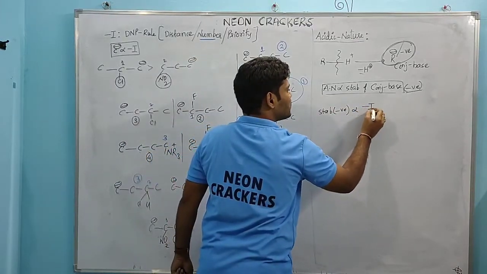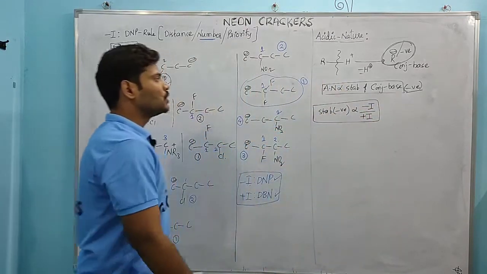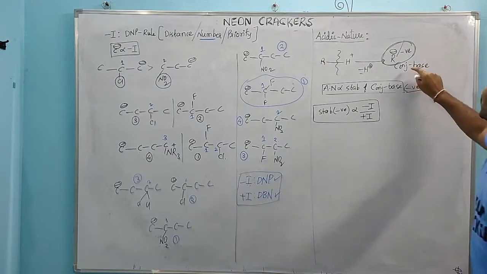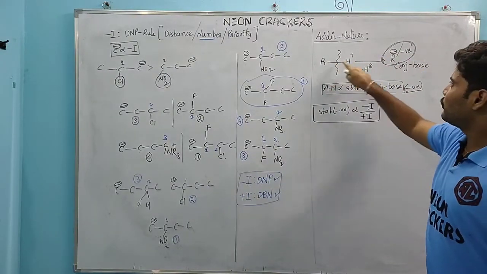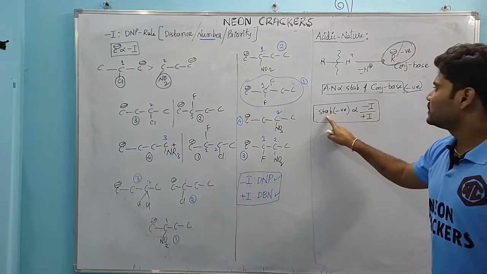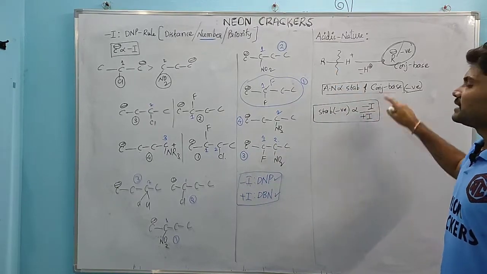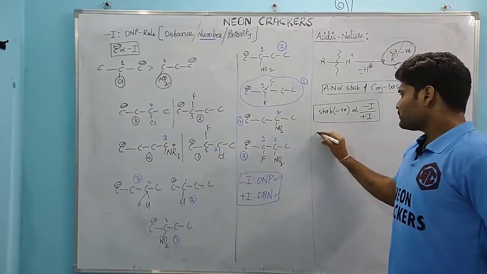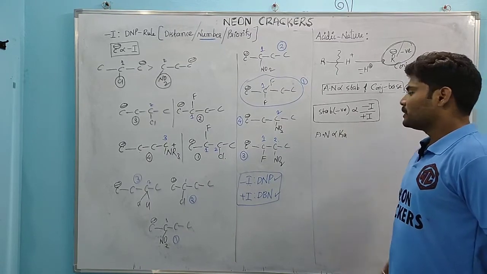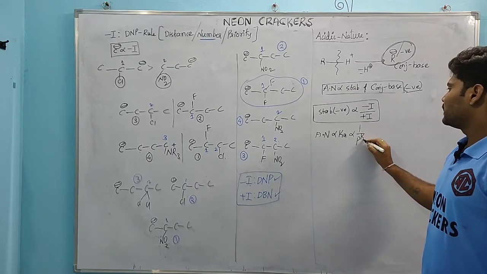That's why the stability of the conjugate base is directly proportional to minus I. Whatever the bond, CH, OH or NH, it is stabilized by minus I and destabilized by plus I. If acidic nature increases, the Ka value, the acid dissociation constant, also increases, and the pKa value decreases.